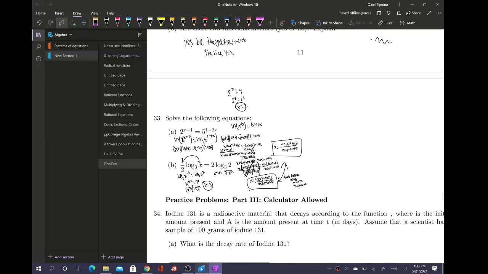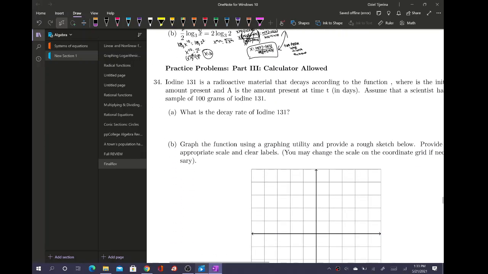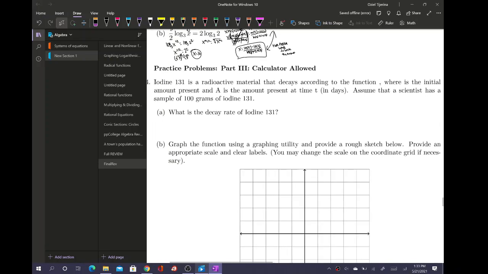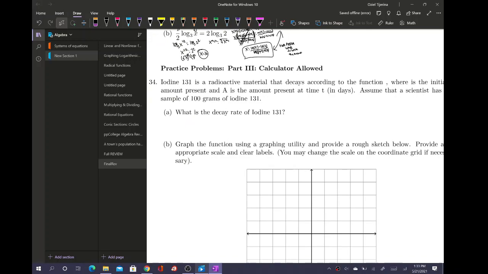These are a little tricky because when it comes to these problems, sometimes you can get tricked and you can use the wrong formula, right? Let's see here. Give me 1 second, guys.